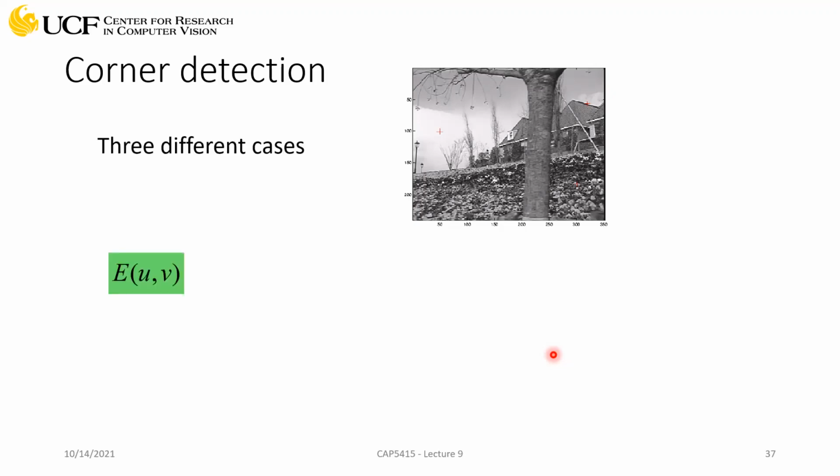So let's consider 3 different cases in this image, and I'm not sure if it's visible or not. We have 3 cross marks. The first one is over here on the clouds. The second one is on the roof, and the third is over here on the ground. Even before looking at the equations, if we just observe this image, you can see here that we don't have a corner.